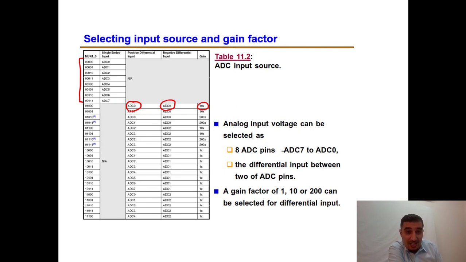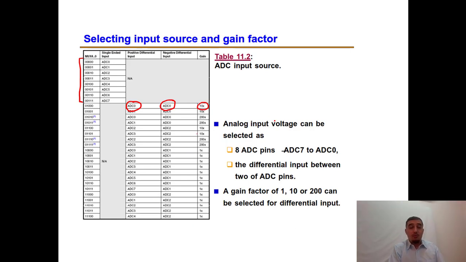The second one is a differential mode. You subtract 1 from 0 multiplied by 10, then 0 multiplied by 200, then 1 minus 0 multiplied by 200, then port 2 multiplied by 10, port 3 minus port 2 multiplied by 10, port 2 multiplied by 200, port 3 minus port 2 multiplied by 200, and then we have differential inputs on all the pins starting from 0 minus 1, 1 minus 1, 2 minus 1, and so on until we get all the values.